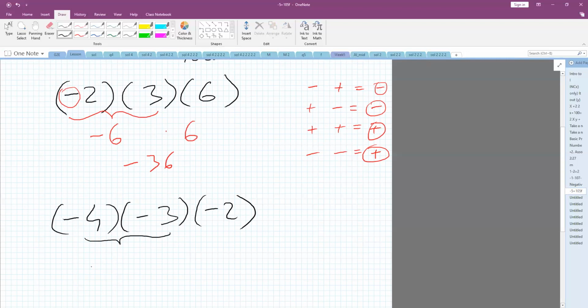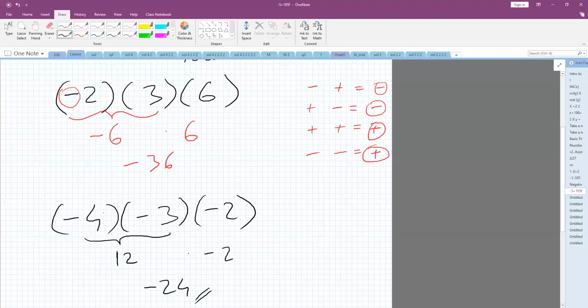So negative 4 times negative 3 makes positive 7. What do you mean positive 7? Oh no, positive 12. Yes. And then you multiply by negative 2, which gives you negative 24. Very good.